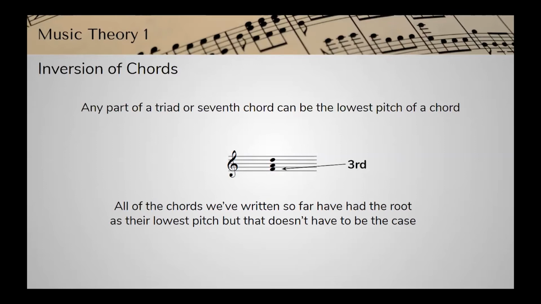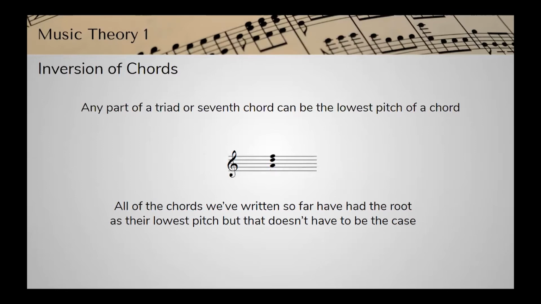Before we had a root position triad. Now we've moved that root note up an octave, so now the third is in the bass. And you can hear it still sounds like a D minor triad. Nothing's really changed about it, except we have a different note in the bass, in the lowest voice.